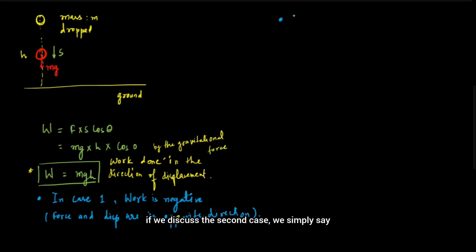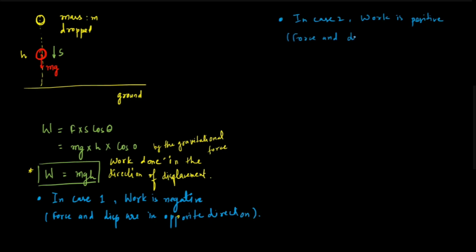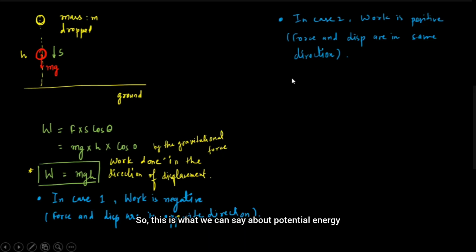Similarly, if we discuss the second case, we'll simply say work is positive because force and displacement are in the same direction. So this is what we can say about potential energy.